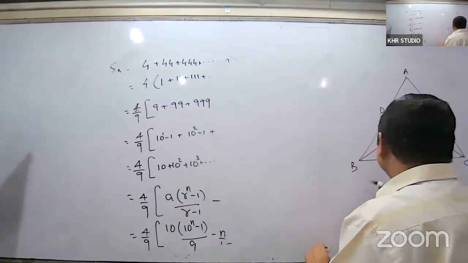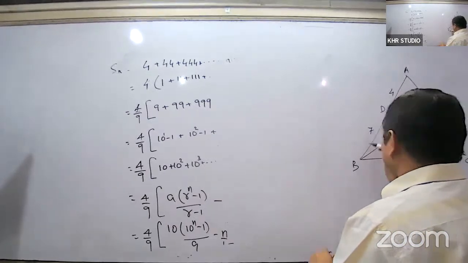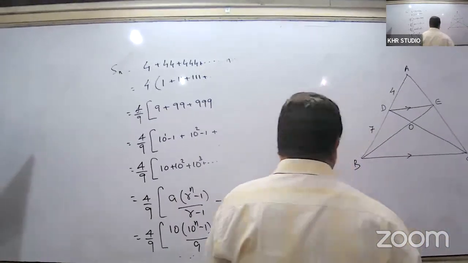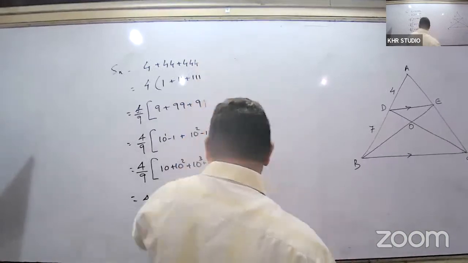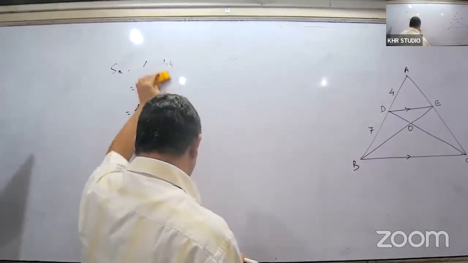Go back. AD upon DB is equal to 4 upon 7.